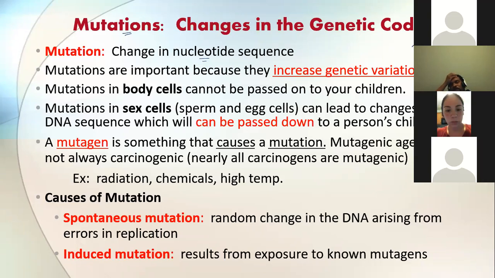AUG, that's our start codon. Remember, protein synthesis must start from the start codon, and AUG represents the amino acid methionine. Now, because of the mutation, instead of AUG, if it is AAG on the mRNA, there is no start codon.